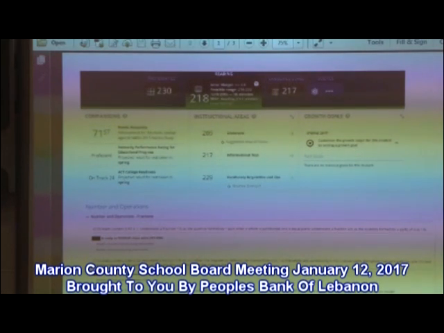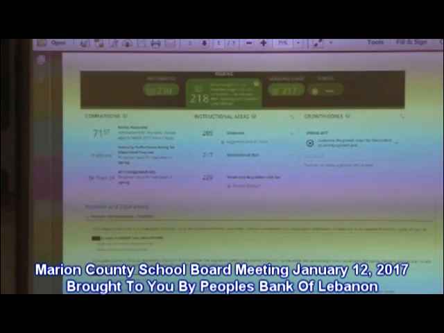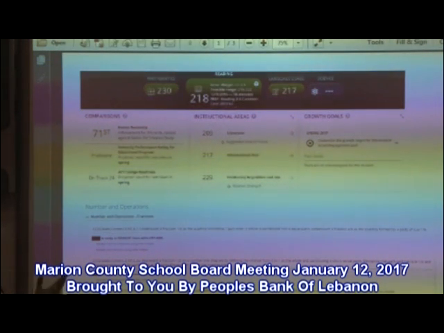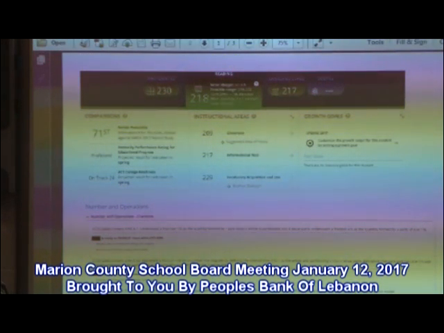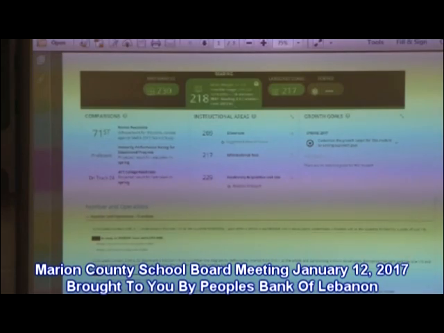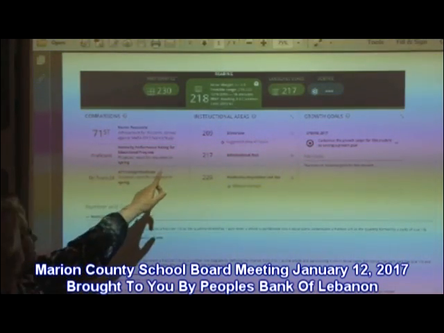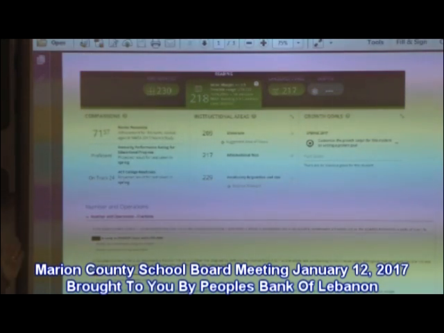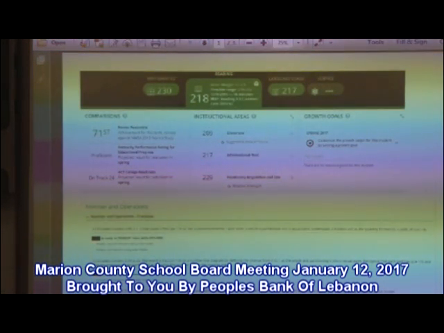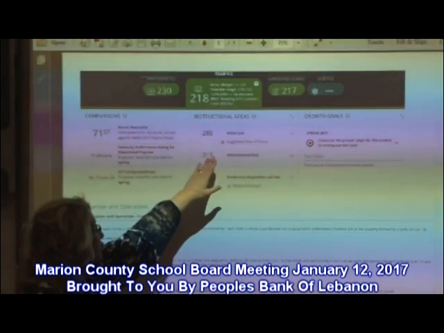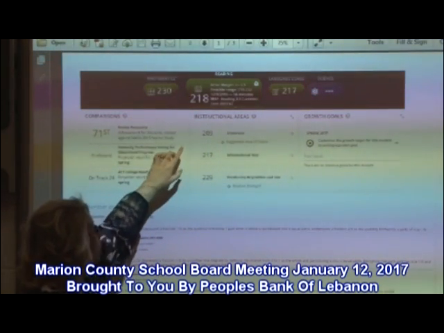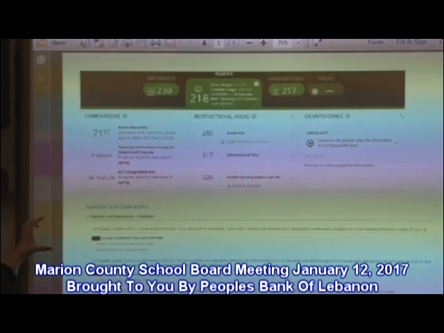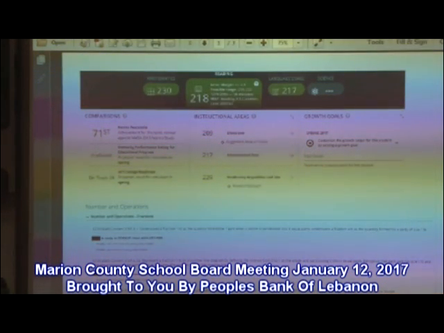This is a new report that NWEA, the vendors of math, have created based upon feedback from school districts that can help them. But more importantly, you'll see this instructional area focus. So let's say if this was my child, I can see right here that it says literature is where my child scored lower. So I can click this, and I just captured a little piece of it.